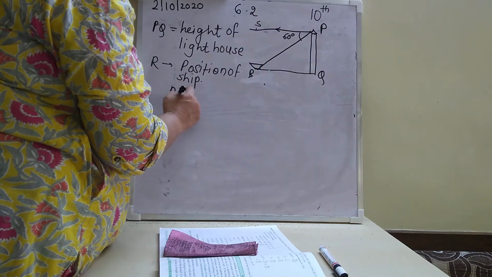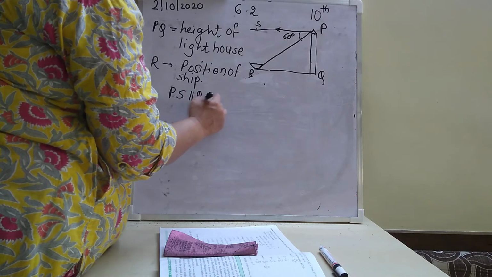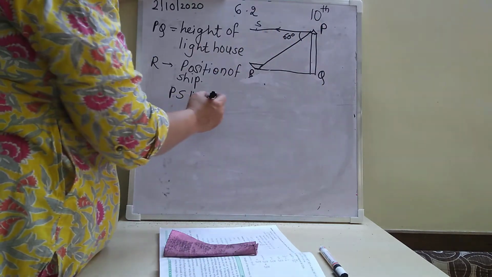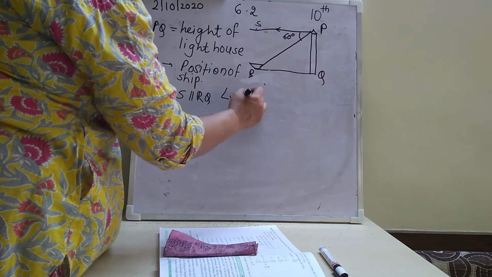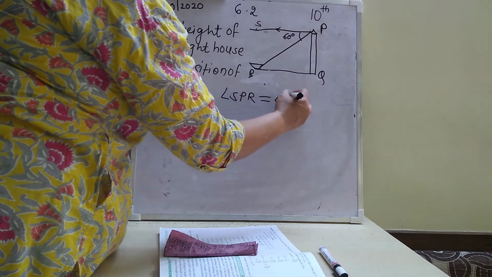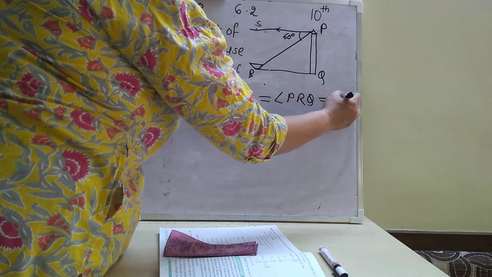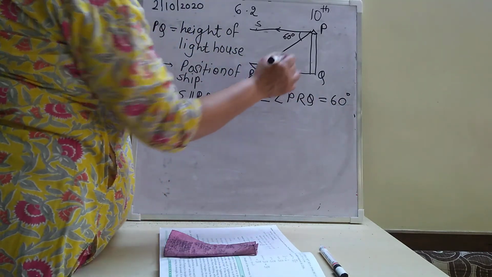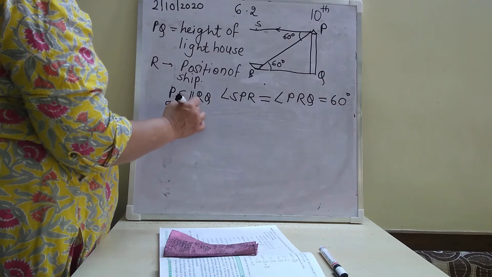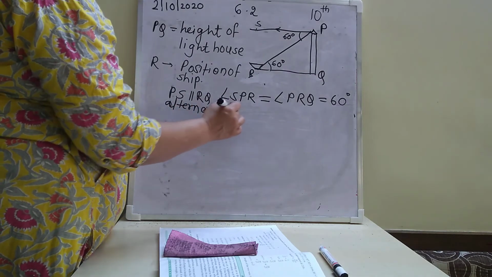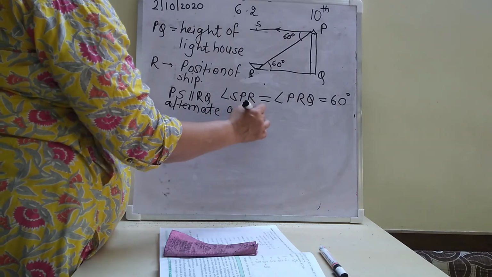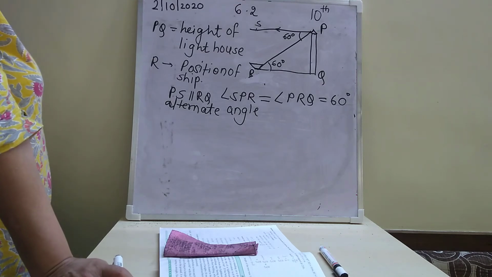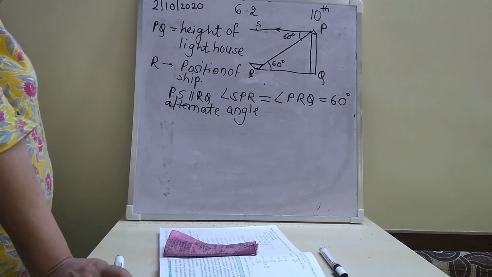You can say PS is parallel to RQ. Of course, that line of vision will be parallel to the surface. Now angle PQR is equal to angle PRQ, equal to 60 degrees. These are alternate angles. You have to write that this is also 60 degrees, because of alternate angles. Even if you write only this, in a 3 mark question you will get 1.5 marks for this. I have not solved anything else; I drew the figure and wrote all that I knew.